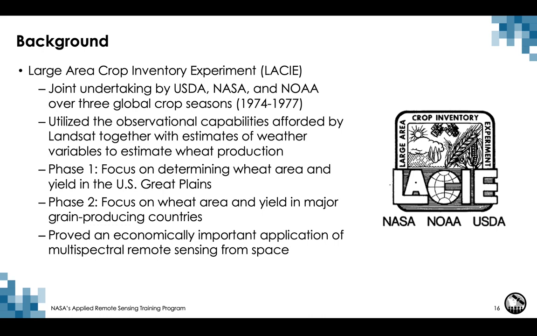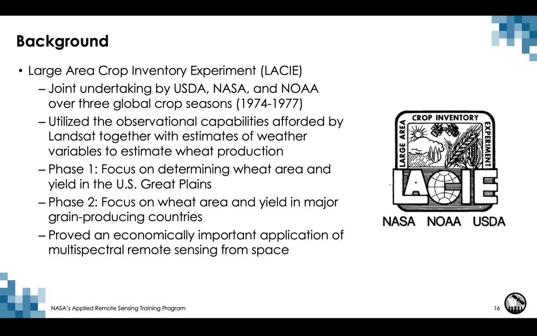The Large Area Crop Inventory Experiment, or LACIE, was carried out over 3 global crop seasons from 1974 to 1977 to demonstrate that multispectral imagery from satellites, together with meteorological data from NOAA satellites and from ground stations, could be used operationally to produce timely estimates of wheat area and wheat yield forecasts in the United States and in other major wheat growing regions of the world.